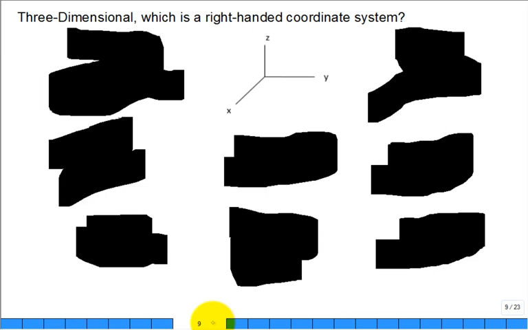Why do they call it a right-handed coordinate system? Because you really need to have a consistent orientation between the i and the j and the k, between the x-axis, the y-axis, and the z-axis. It's not going to make a big difference until you get to cross products of vectors.